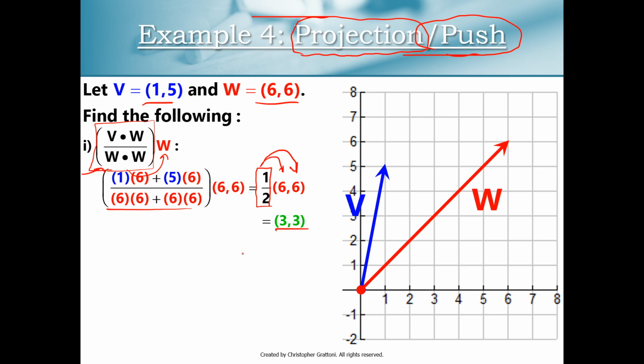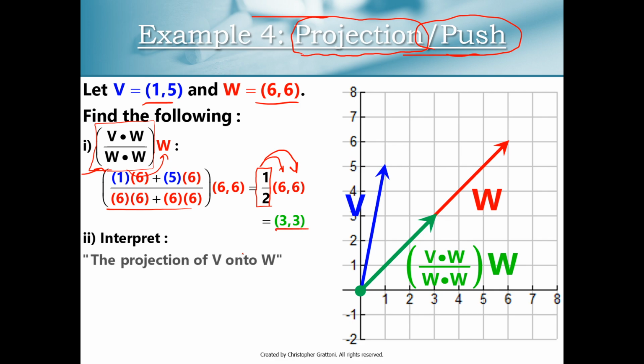All right, so what did we just do? If you look at this graphically, it might make a little more sense. We have scaled w down to a shorter vector, and it's the particular vector that you would need to form a little right triangle. You could call it the projection of v onto w, because it's a perpendicular projection here.